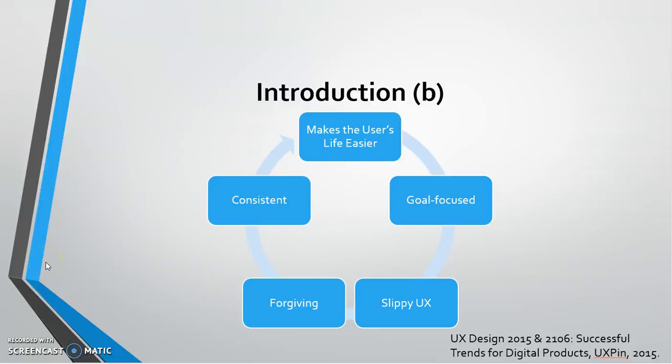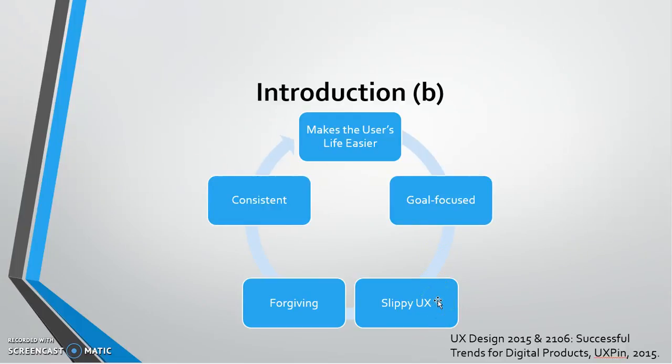So when you want to create a good user experience, these are the 5 things that you need to consider. First, we should make the user's life easy. Second, it should be goal focused, whereby any kind of interface should be aimed at a certain task, whereby it will give the user sense of satisfaction.